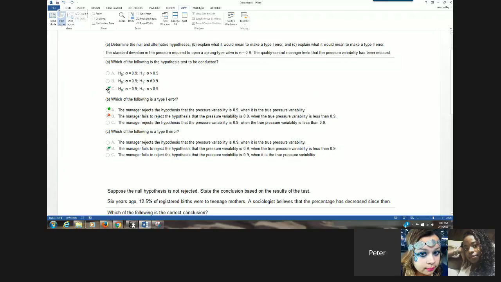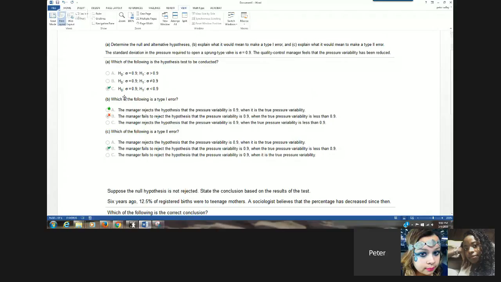So if you go back to your null, when I think the alternative is true, so I think it's less than 0.9 when it actually equals 0.9, that's what we call a type 1 error. Out in the real world, that's just a measure of randomness. So I'm really excited that I think I've got a statistically significant sample, and it turns out I was lucky instead of significant, if that makes sense.